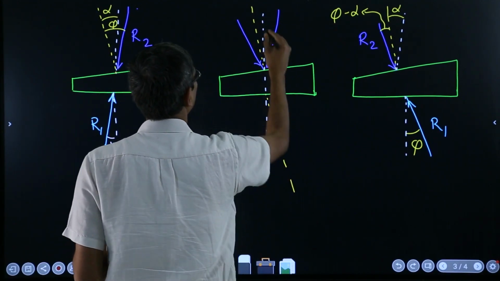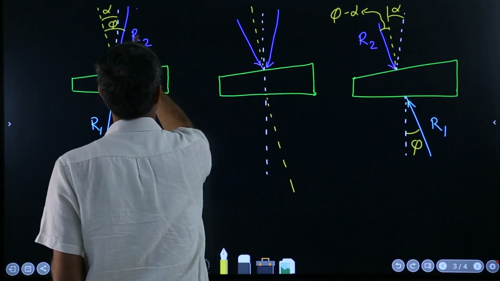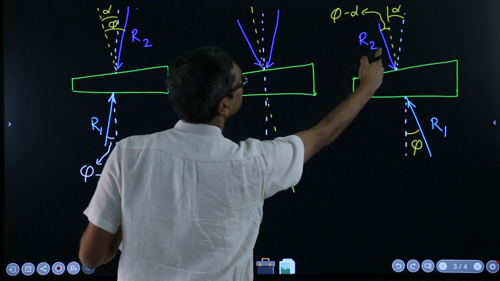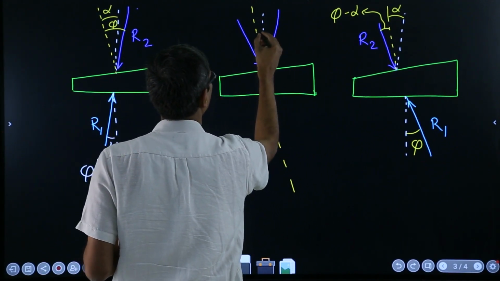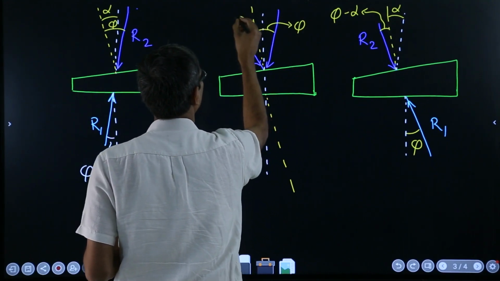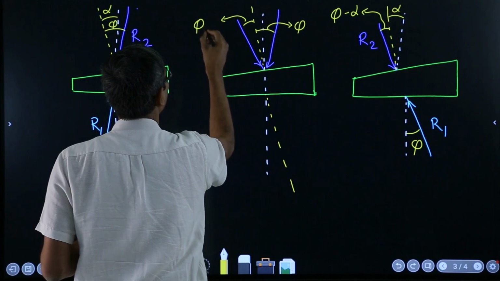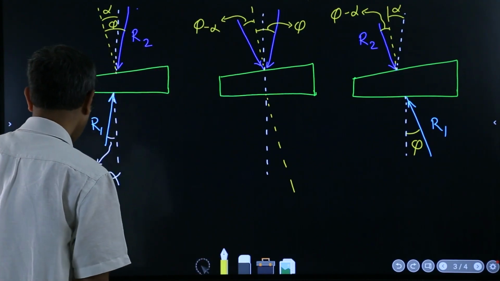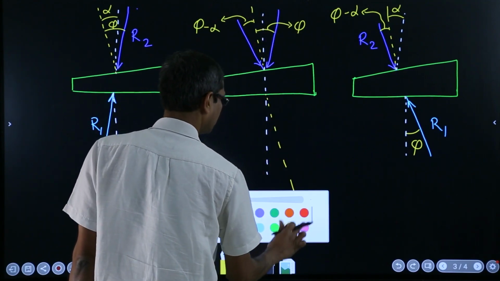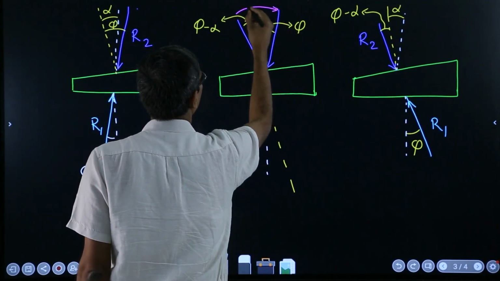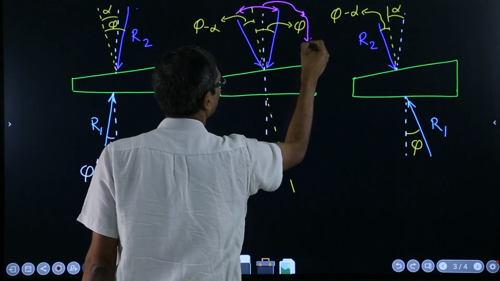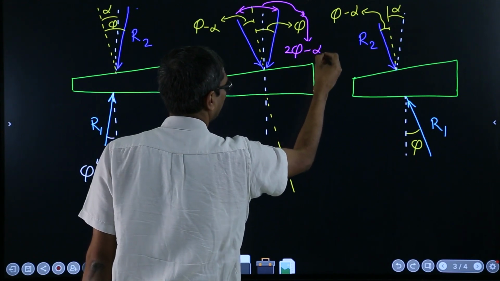Okay, now this is phi R2 in this case, and this is phi minus alpha. Let's say this angle is phi, this angle is phi minus alpha. Is that fine? Then what is the total angle? This total angle becomes, say, 2 phi minus alpha.